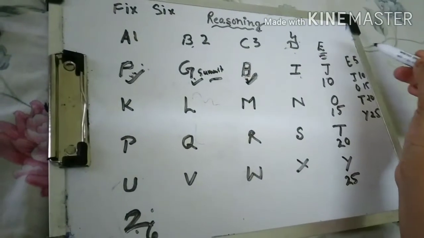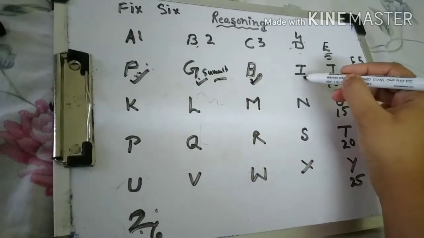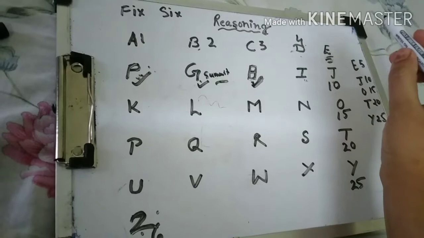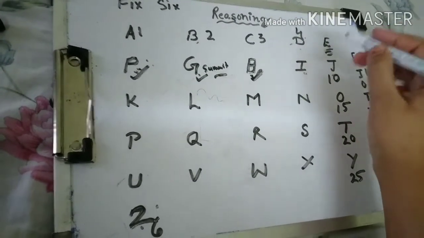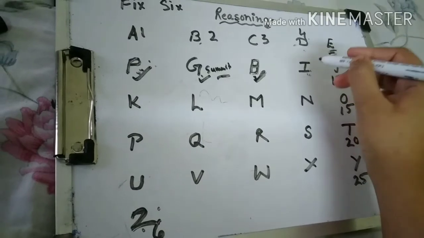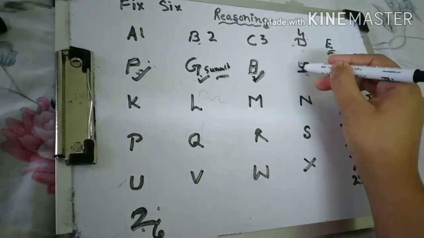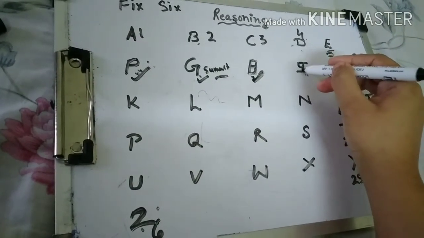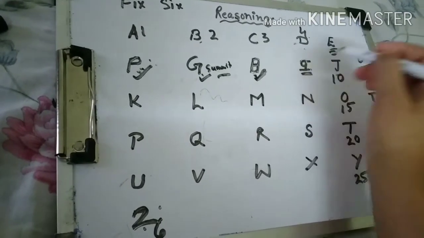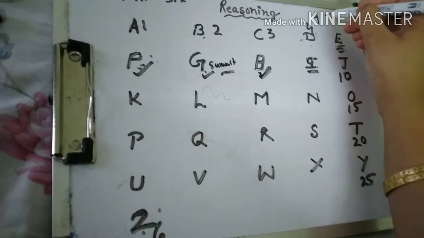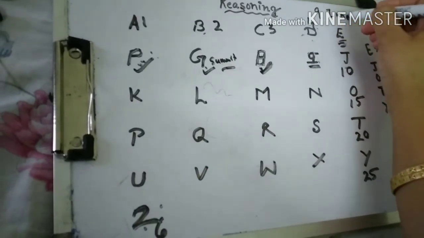And I, here is I, you know that simply we say this, I know. Otherwise you can make an image in your mind, like the 9 number. One more trick is I know.